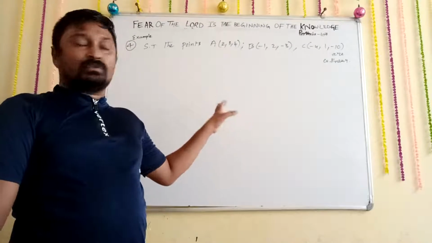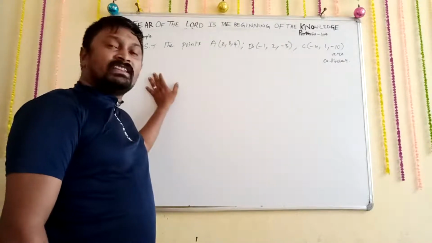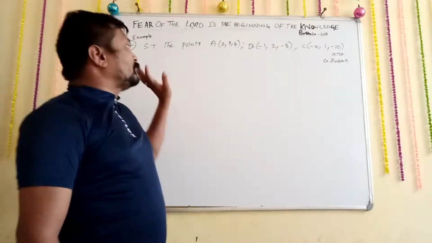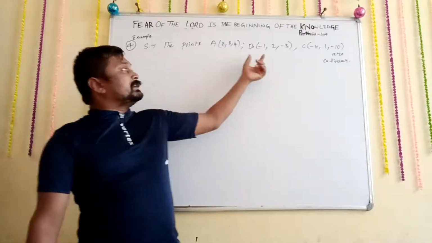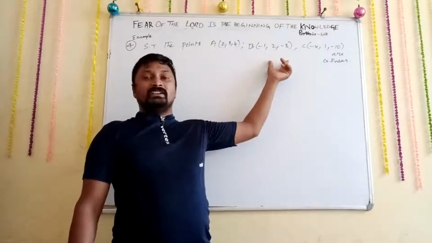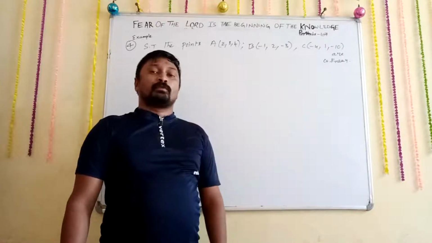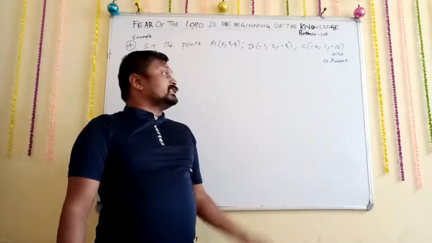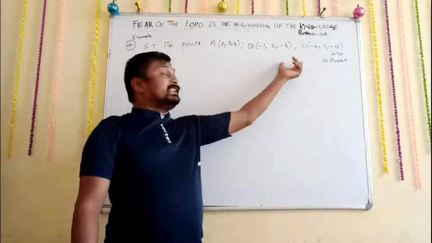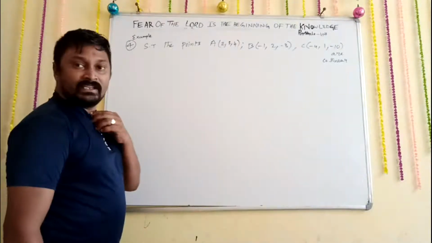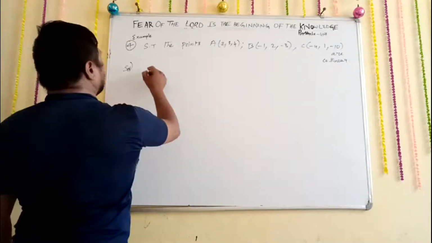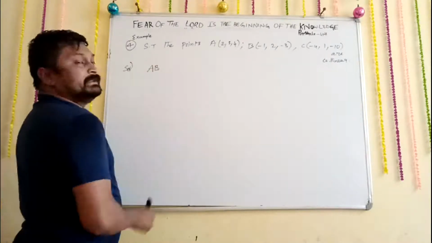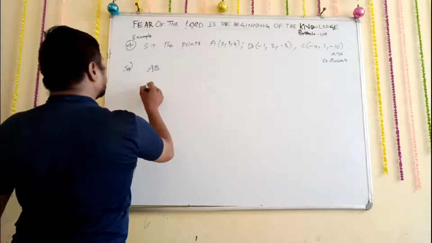How to prove these points are collinear? Listen carefully. First, we prove that AB and BC are parallel to each other. Once you prove they are parallel, if they have a common point, then the points are collinear. I need to find AB and BC.